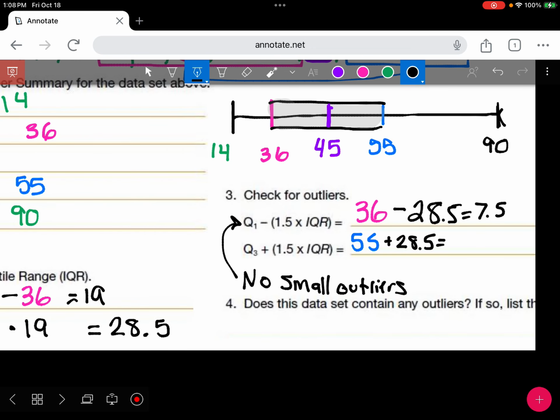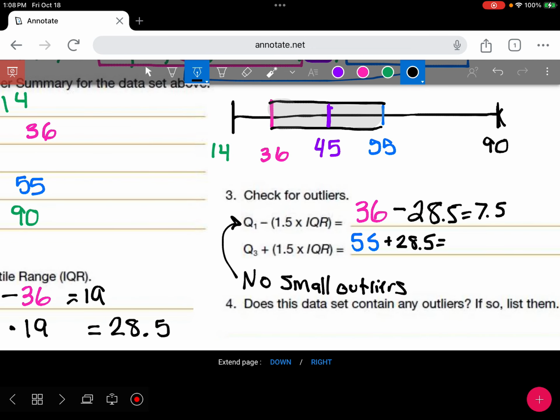You multiplied. Add. 83.5. So you went way big. Do we have any data points that are bigger than 83.5?